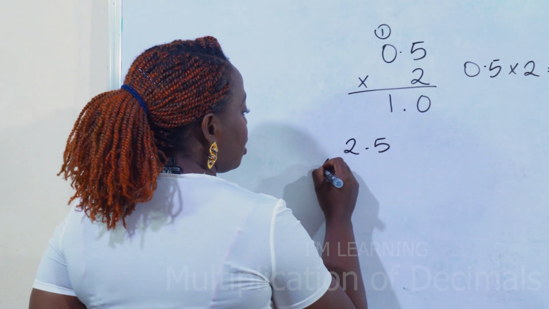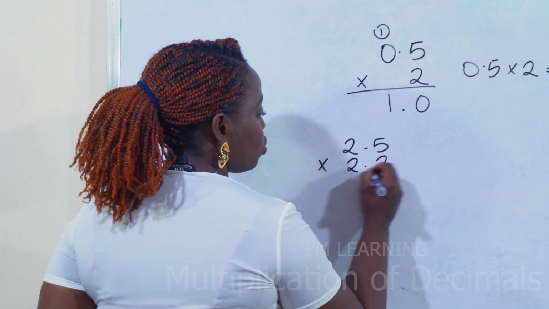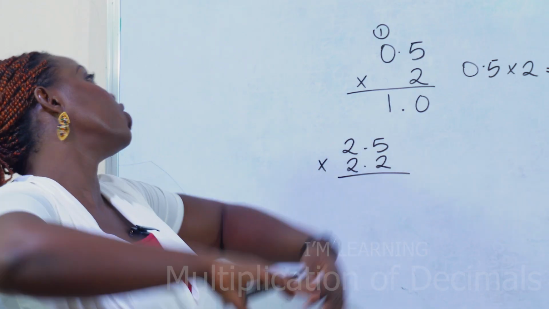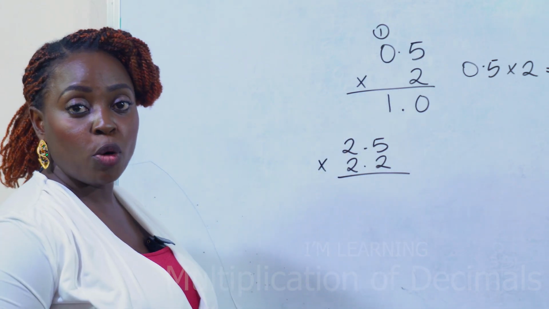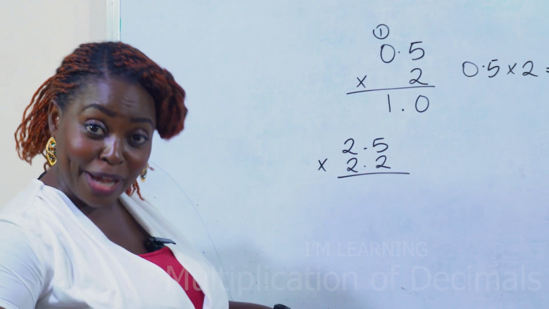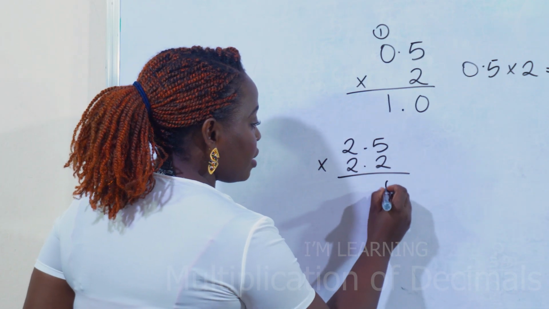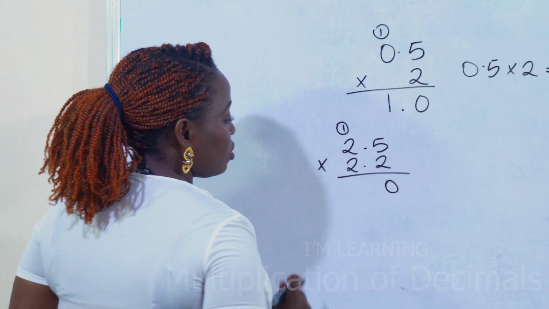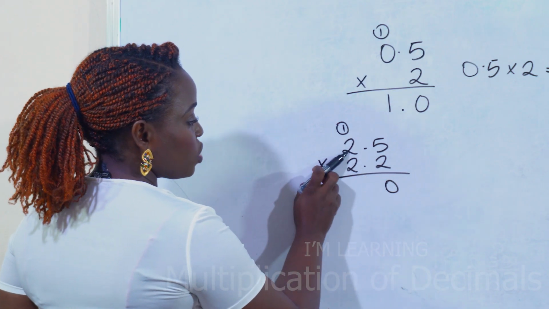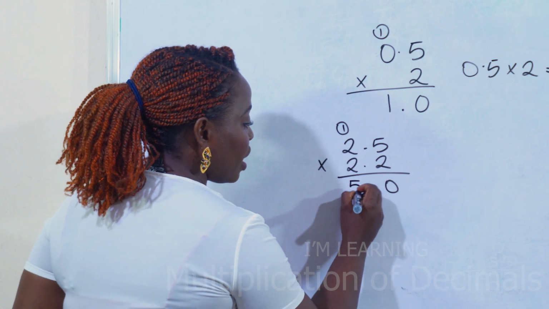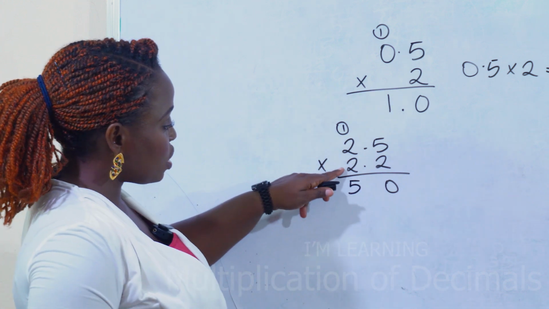2.5 times 2.2. Remember, first rule, ignore the decimal point and multiply this as 2 digits by 2 digits. So we're going to start here. 2 times 5 is 10, 0, carry 1. 2 times 2 is 4, plus that 1 is 5. Now it's time to use this 2.